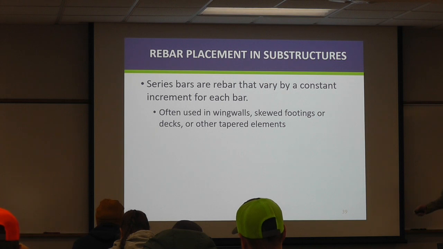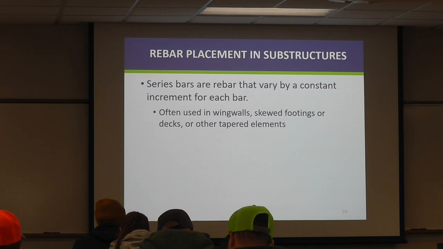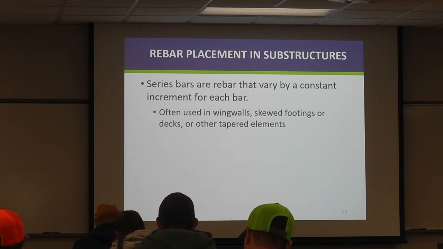So I'm not gonna do series until we get to right here. There it is. Series bars, they're rebar that vary by a constant increment for each bar. Oftentimes they're used on wing walls. So a wing wall starts at 20 foot high right at the abutment. It tapers up to maybe 6 feet high at the end of that wing wall.